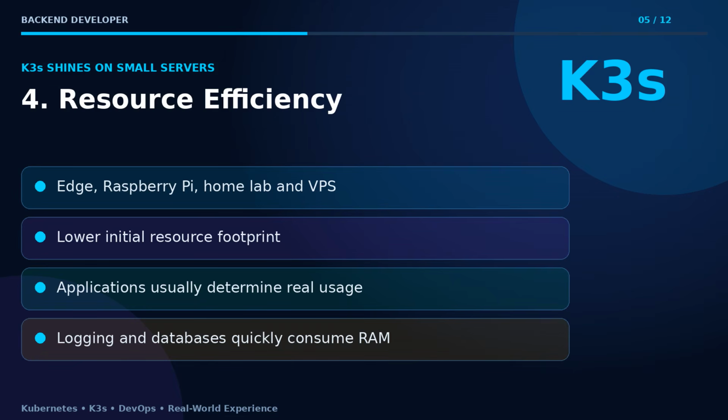But remember an important point. The platform name alone does not determine real resource usage. Your pod count, logging stack, Elasticsearch, databases, ingress traffic, monitoring, and installed add-ons can consume far more CPU and memory than the control plane itself.